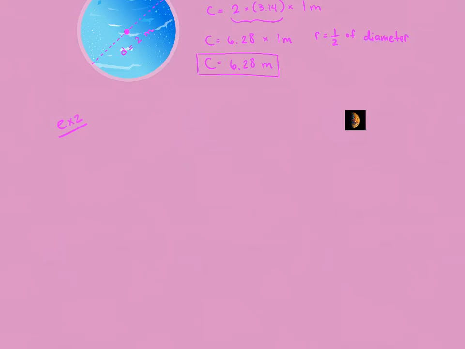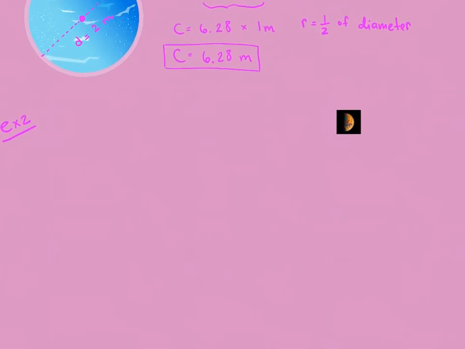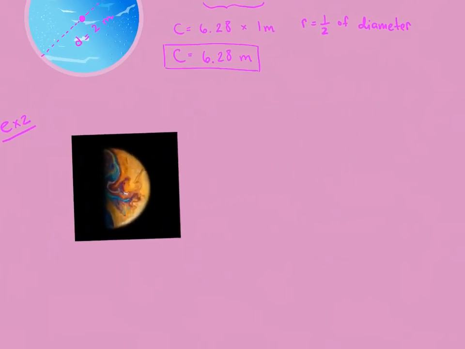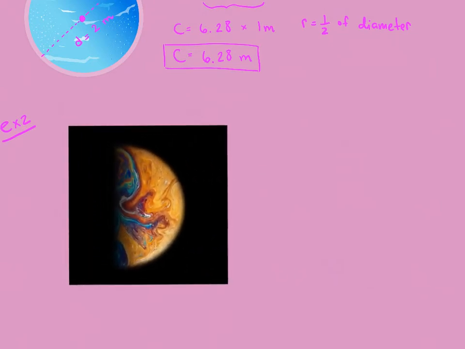So pretend we have this planet. Let's see if we can choose it somehow. Okay, great. Make it nice and big. And we're going to say that this planet has a radius.